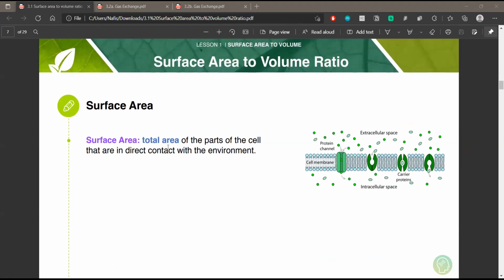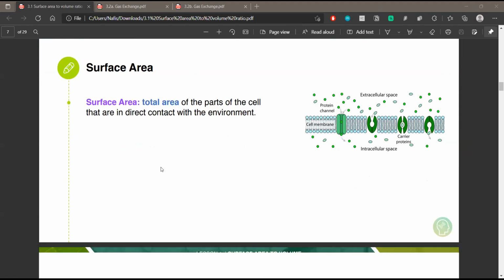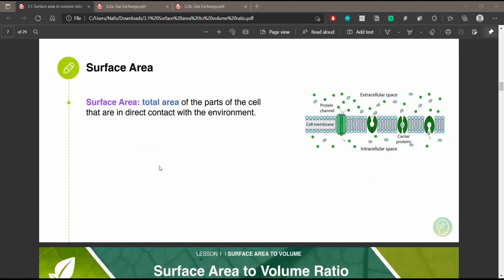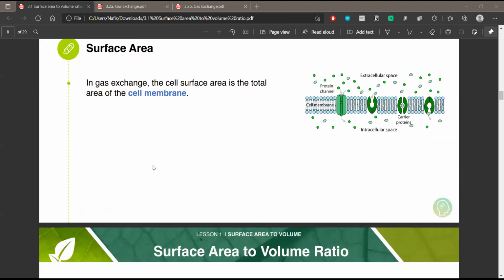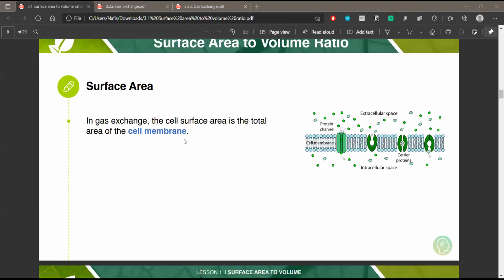So the surface area represents the total area of the parts of the organism that are in direct contact with the environment. So in gas exchange, the cell surface area is basically representing the total area of the cell membrane.